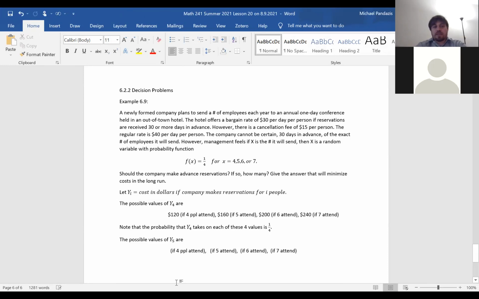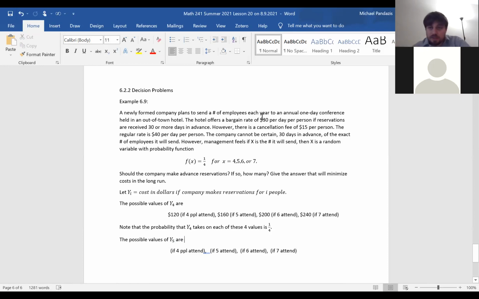Now, y sub 5 is assuming they pay in advance for 5 people. So the bargain rate is $30 for each of them in advance. 5 times 30 is 150.